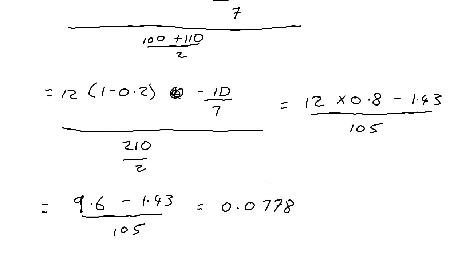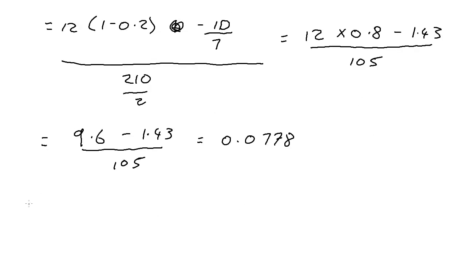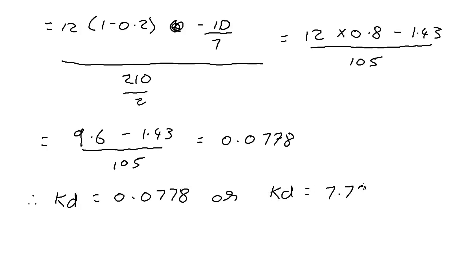This is the answer to part 2, but we'll write it nicely. KD is equal to 0.0778, or we multiply this into 100 and we can say KD is equal to 7.78%. With that, we're done with this question.